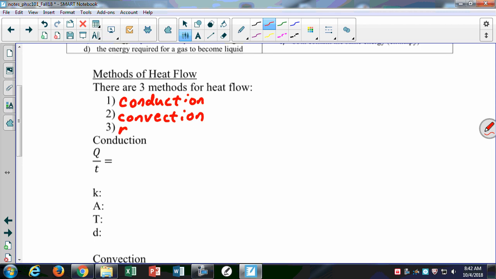I just don't remember the radiation one. I remember conduction. I only remember those because of your oven. Like you can get a convection oven. You can. What is a convection oven? What's the difference between a regular oven, that would be a radiation oven? They don't call them radiation ovens, do they? But they should, because that's what they are. What's the difference between a radiation oven and a convection oven?